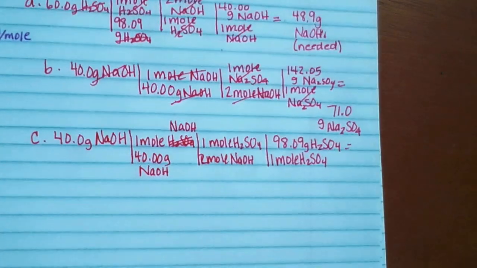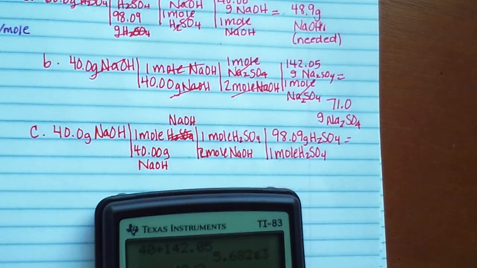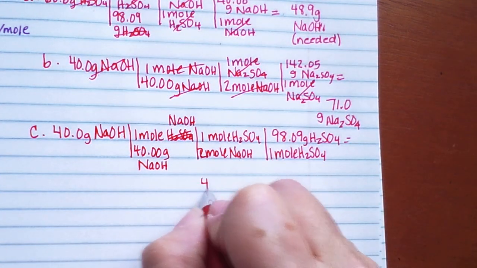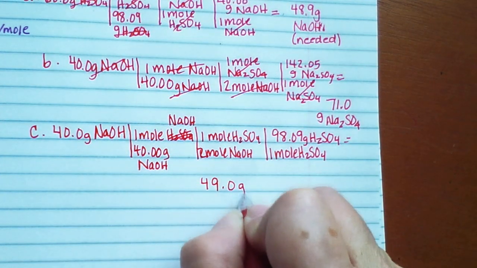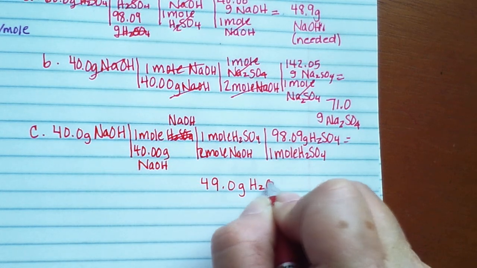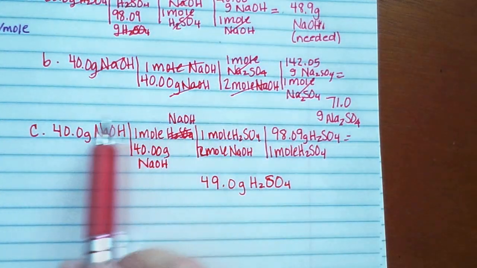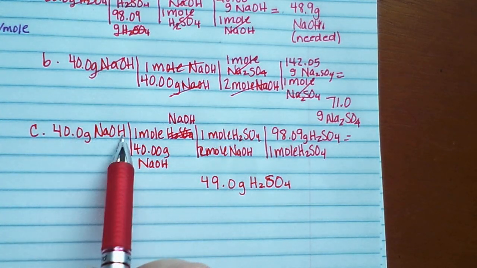What I'm doing now is saying, if I use all of my limiting one, how much of my excess will I use? With my calculator, I get 49.0 grams of sulfuric acid. That's how much of the sulfuric acid I'm going to use when I use all 40 grams of the sodium hydroxide.